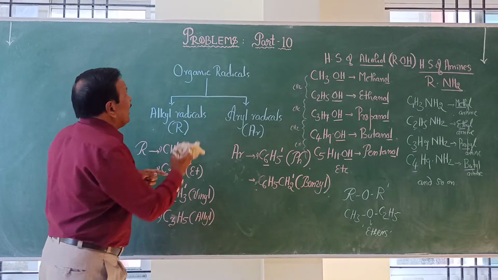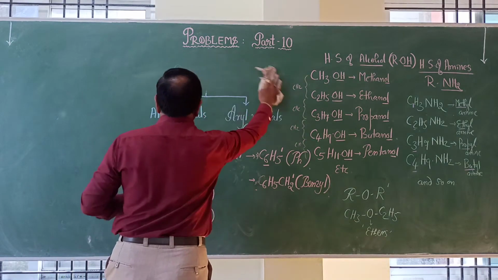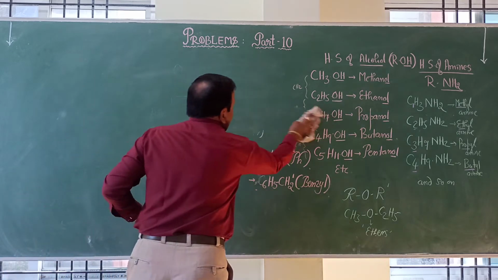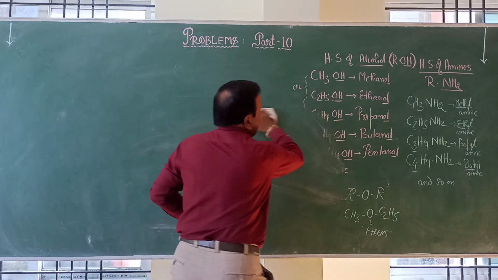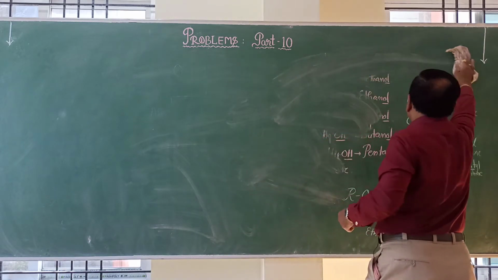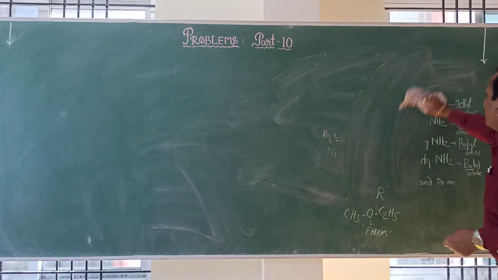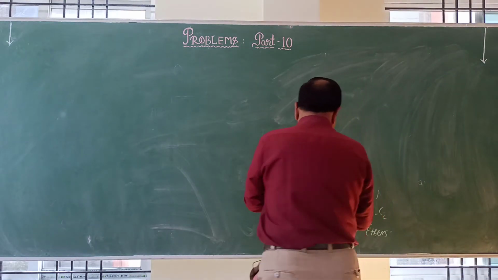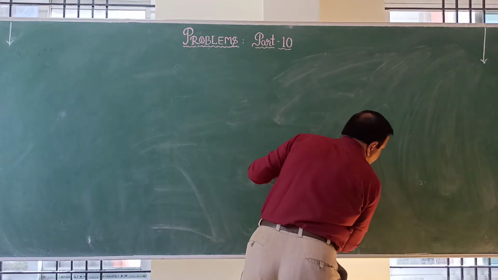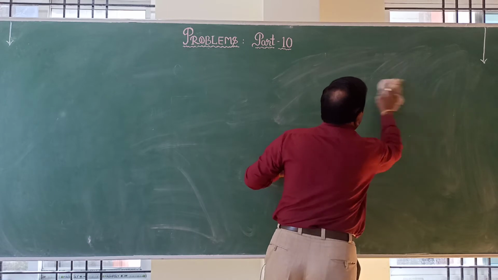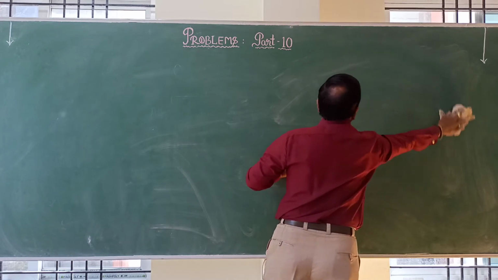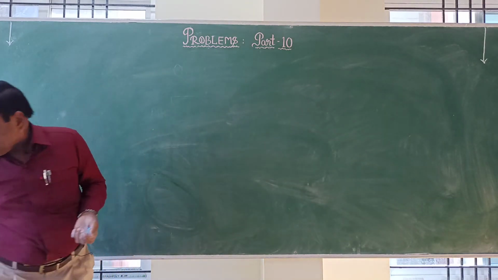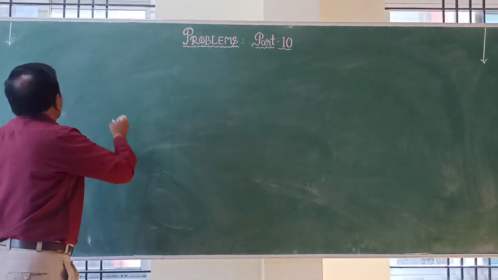Now, usually in organic chemistry there will be no problems, but in your CBSE, very simple problems may come on pi bond, sigma bond, hybridization, because we have already covered that. So I am going to solve one or two problems on this. First, let us take problem 1.